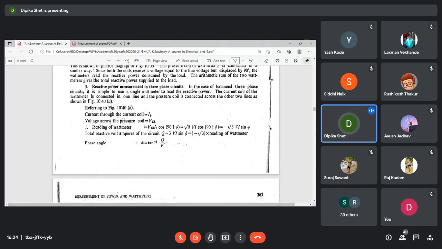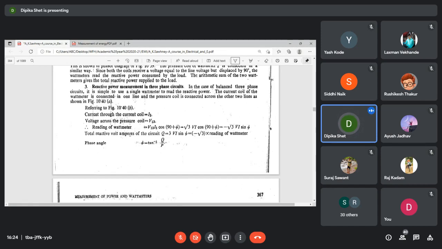It is equal to root 3 V I cos of 90 plus phi, where V is the line voltage and I is the line current, and it equals minus root 3 V I sin phi.